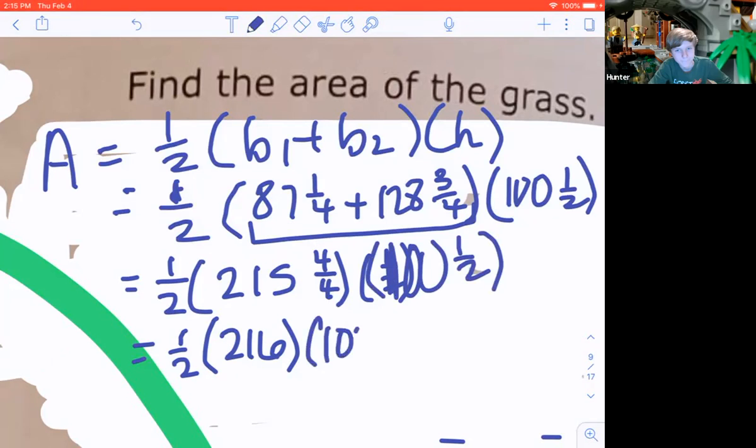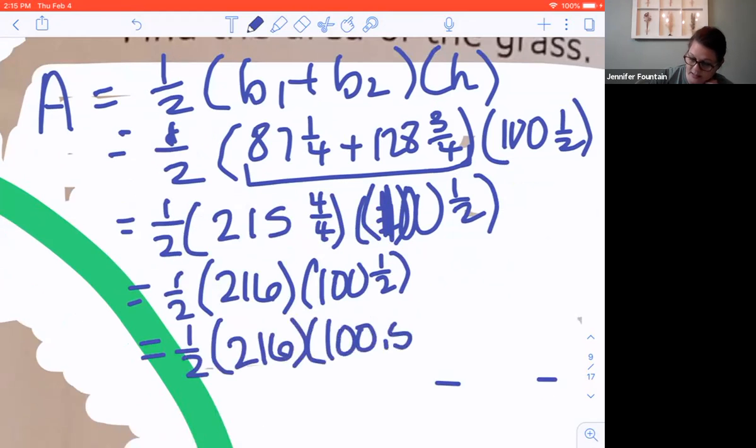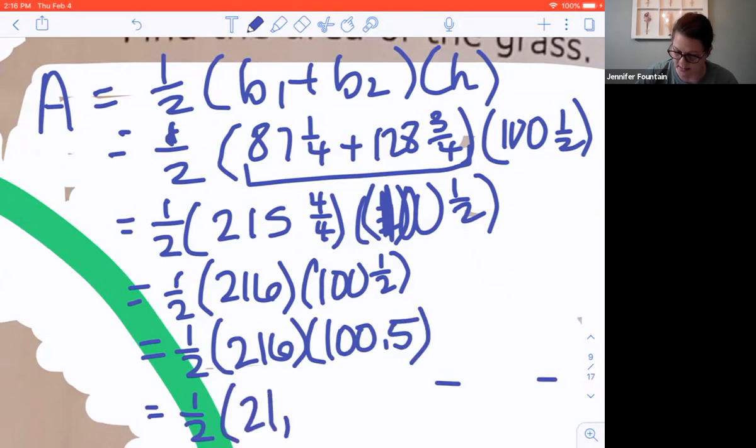So now 100.5. Now using a calculator, what we can do is put that in and say 1/2 times 216 times 100.5. And that's what we're going to do here. So I'm going to have 1/2 of 216 times 100.5, which is 21,708.